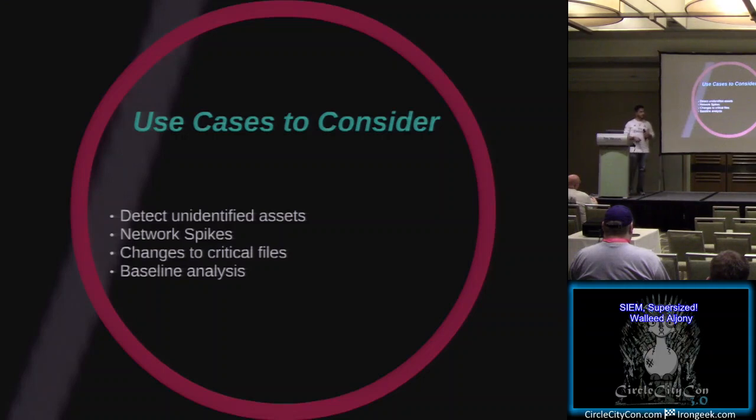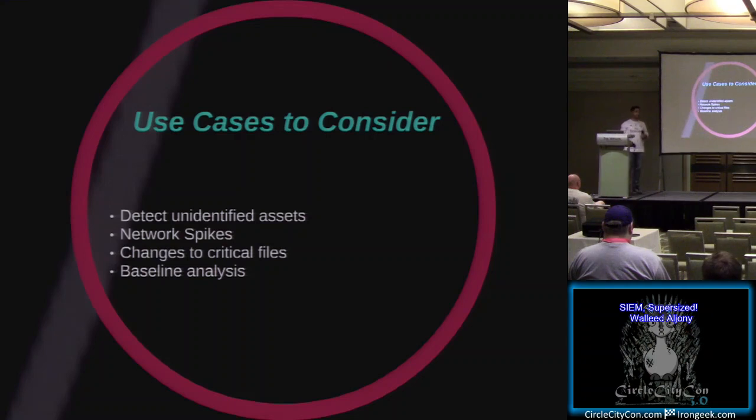Some things to consider are network spikes, if you're utilizing NetFlow, that's something that you're able to get. Within QRadar, IBM's SIEM, they have QFlows, which goes all the way down to the application layer and sees what's going on within the network. So you'll see if somebody is utilizing things that they're not supposed to.